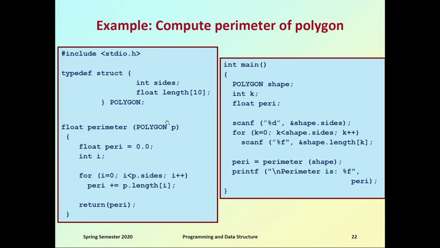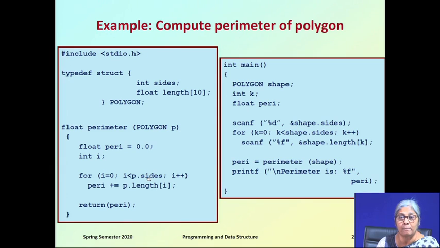P dot sides actually gives the number of sides in this p, what is passed in the argument. So that means for all sides, I am considering one by one all the sides.